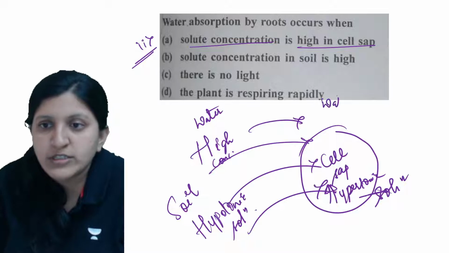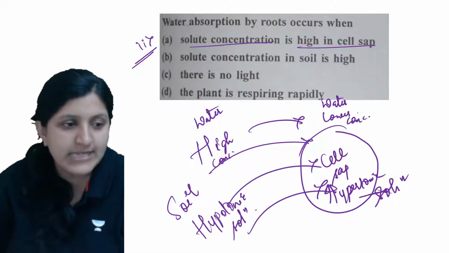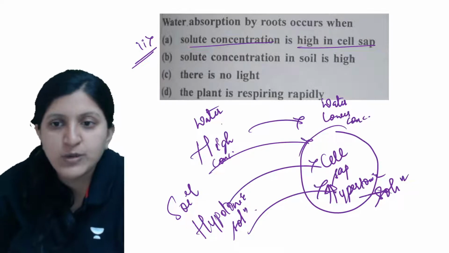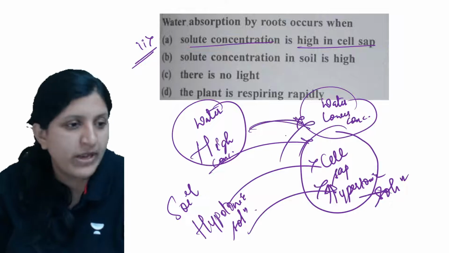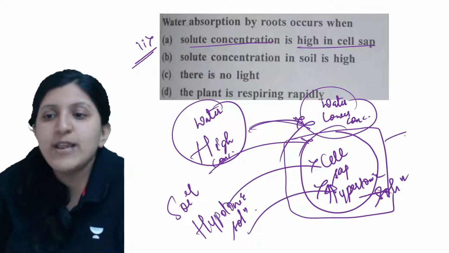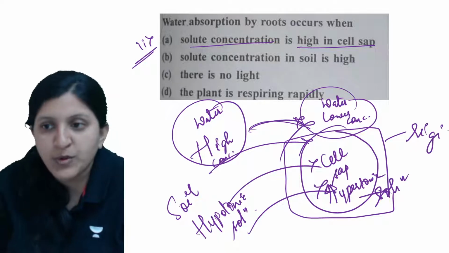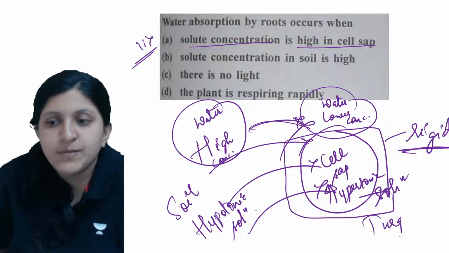Here the water is of lower concentration inside the cell sap, because a high concentration of solute is maintained, and that's why water movement will occur, and the cell will be rigid. The turgidity of the cell is maintained by the water movement.